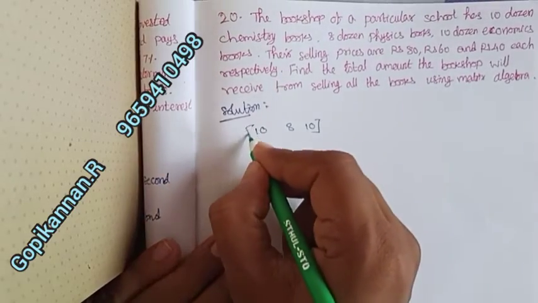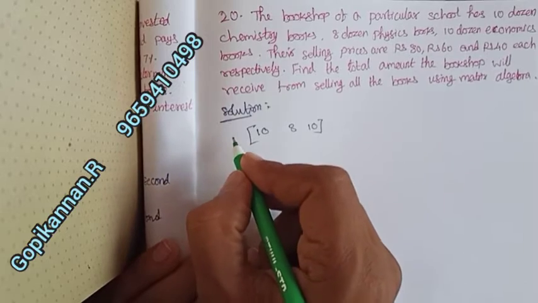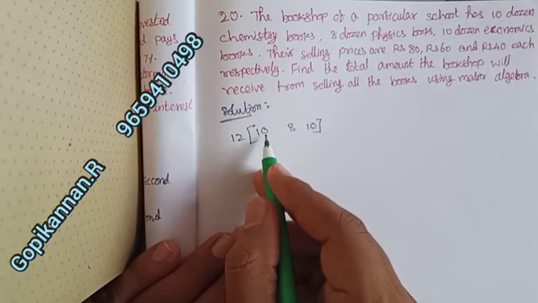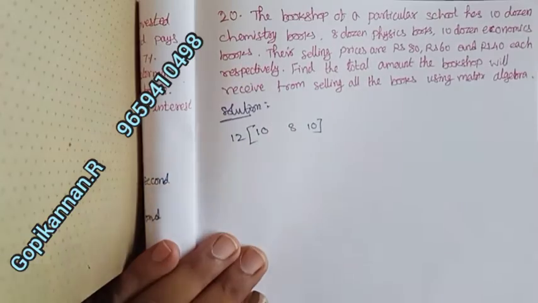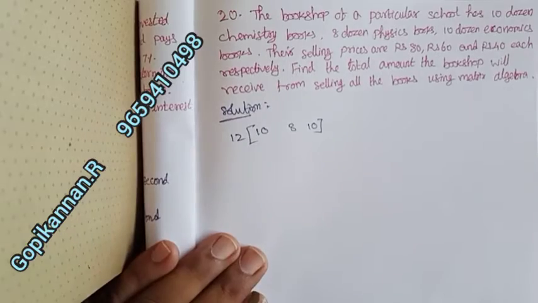These are all mentioned in dozens. One dozen is equal to 12, so we multiply 12 into 10 dozen chemistry books, 8 dozen physics books, and 10 dozen economics books.